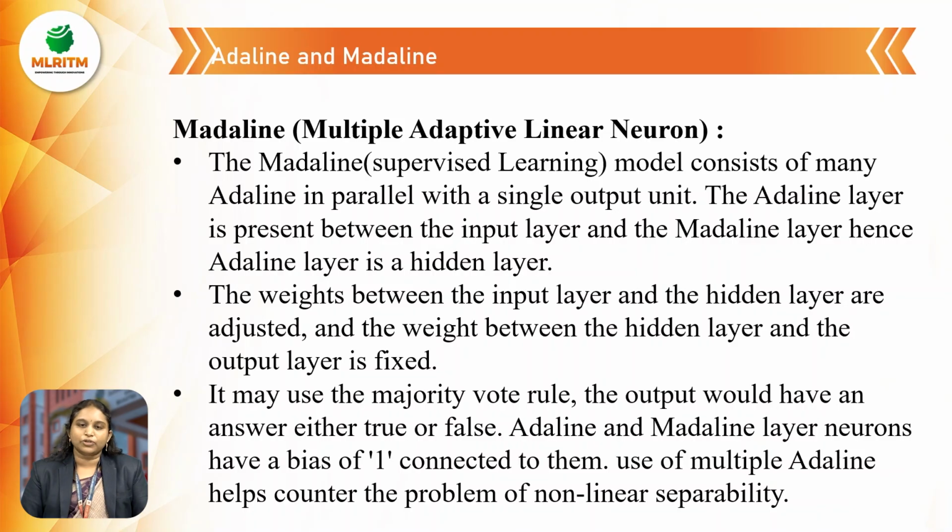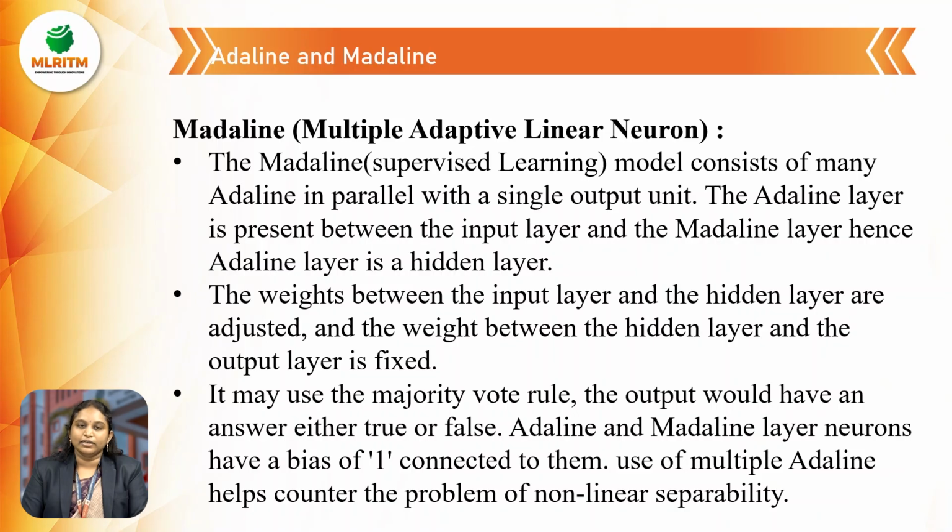Moving to the next topic, MADALINE, multiple adaptive linear neuron, which is a supervised learning network. It consists of many ADALINEs in parallel with a single output unit. As we know, in an artificial neural network we have three layers: the first is the input layer, the second is the hidden layer, and the third is the output layer.